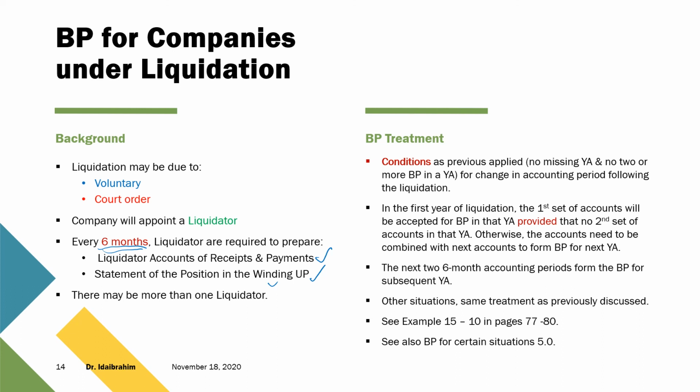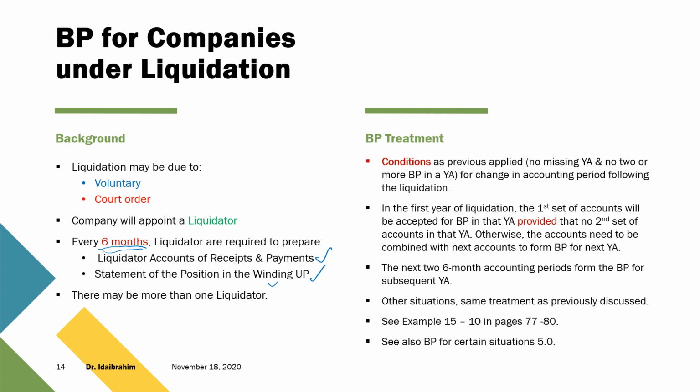And then there may be more than one liquidator during the liquidation process. Sometimes a company needs to reappoint another liquidator because the first liquidator probably has some problem, and then they need to stop the first liquidator and find a new one, or the first liquidator would like to withdraw, and then the company needs to find a new liquidator.